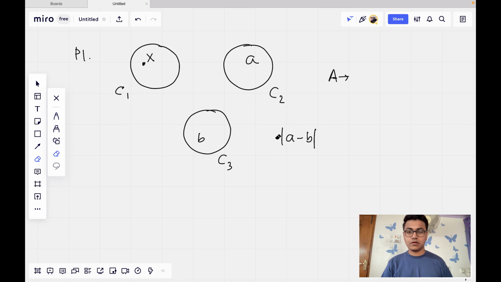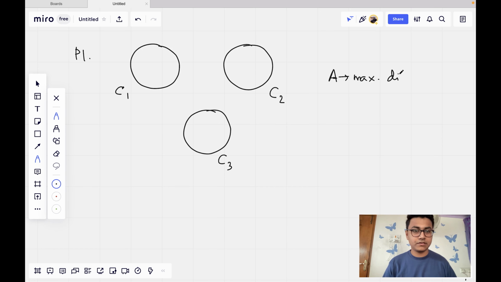And we are calling the citizen for whom this difference is maximum, as A. So A has the maximum difference between the number of friends he has from the other 2 cities.